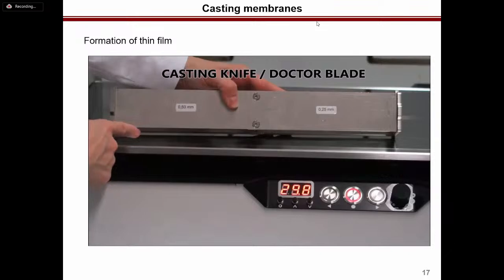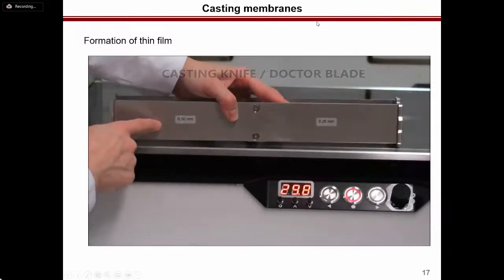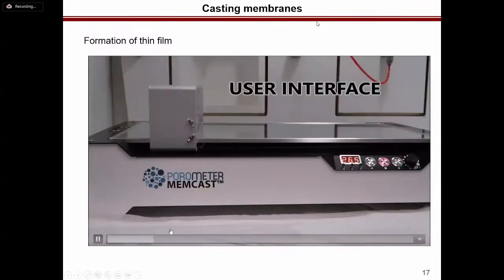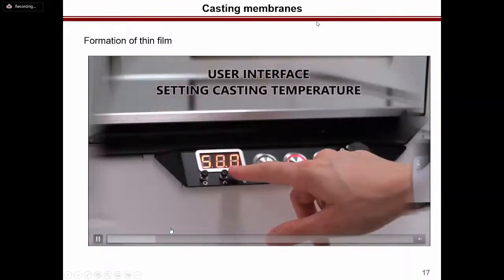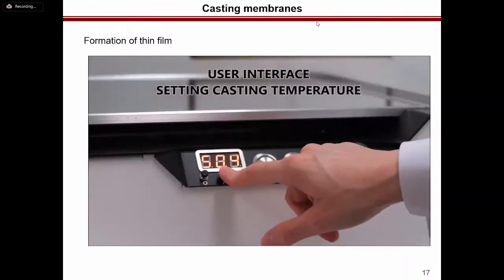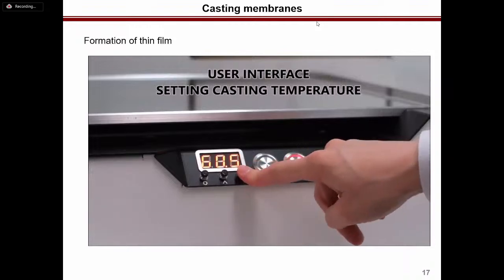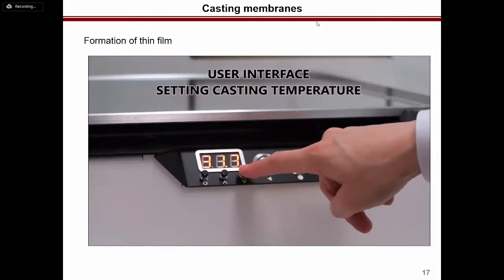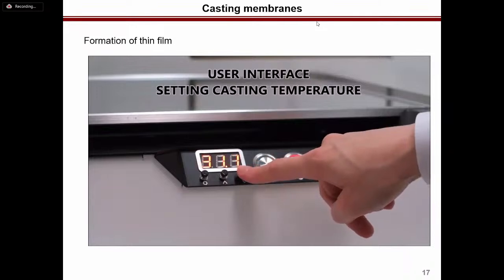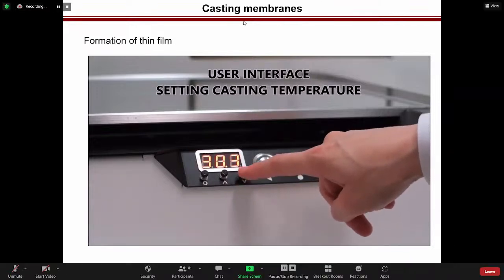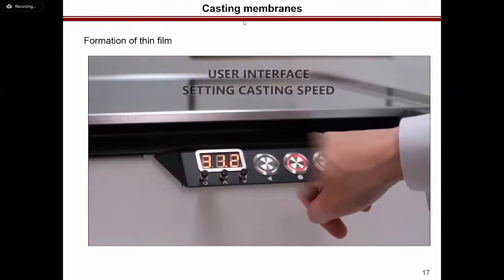You can use different types of knives, and you can set your machine to a certain speed that the cast moves, faster or slower, depending on how you want to move it.